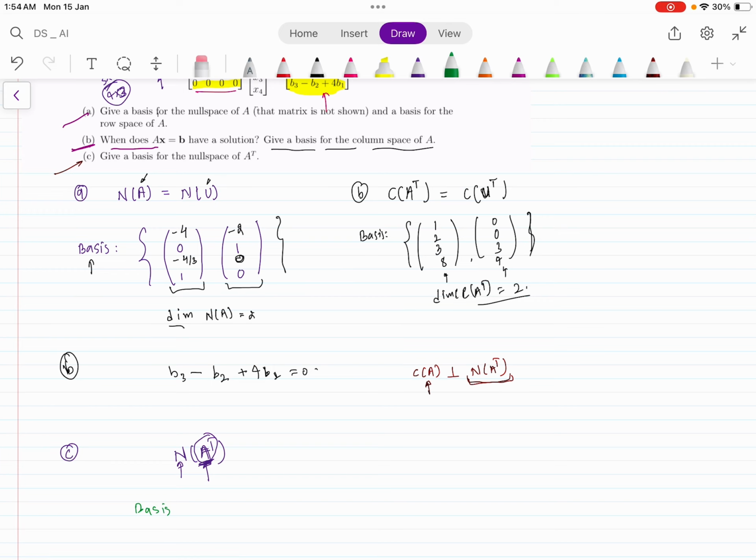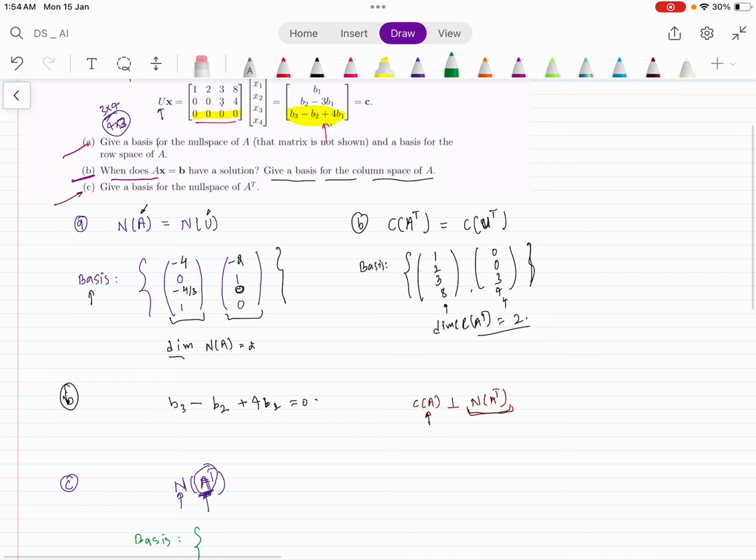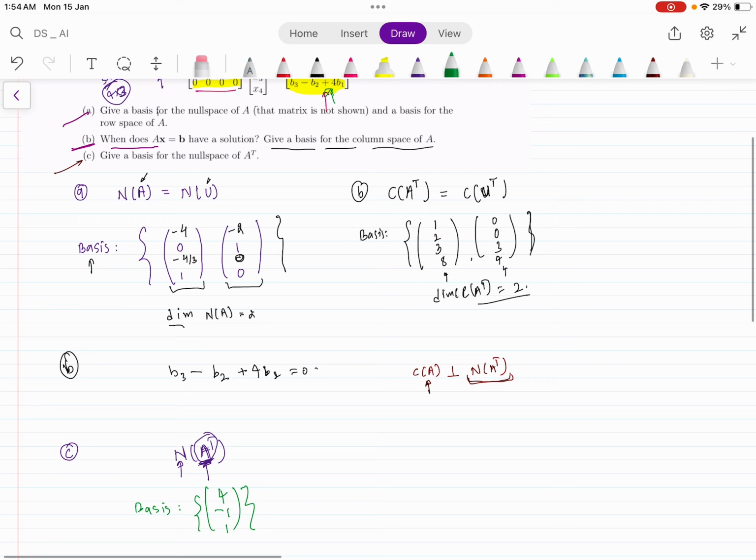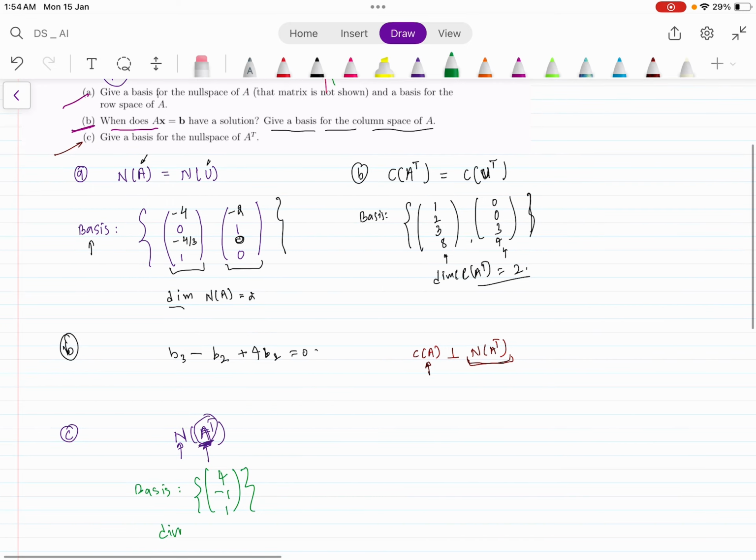So the basis for your left null space would be, you can get it from this combination, that is 4, minus 1 and 1. That will be the only vector in your basis, and the dimension of this left null space will be 1, because we have only one vector here.